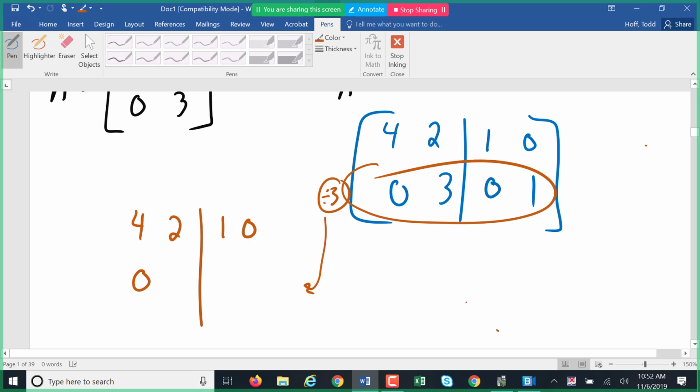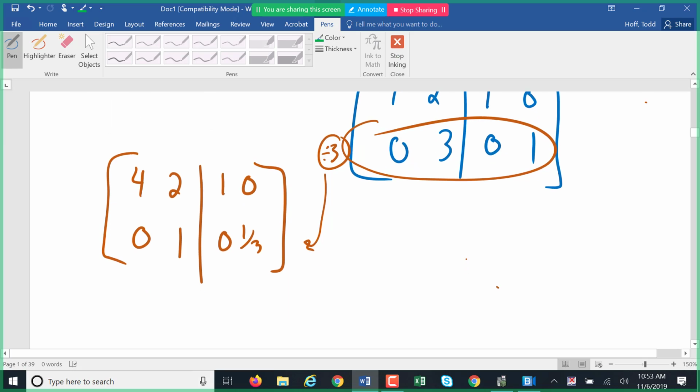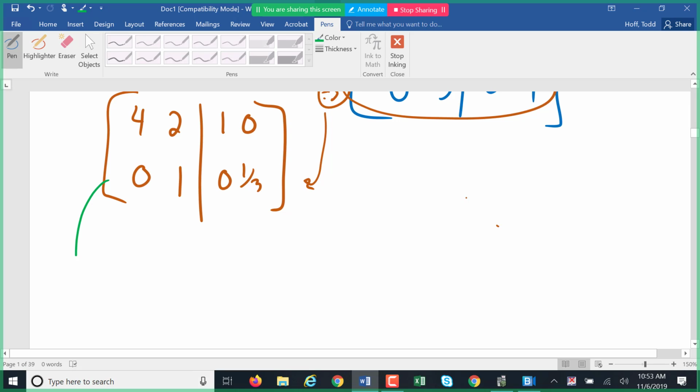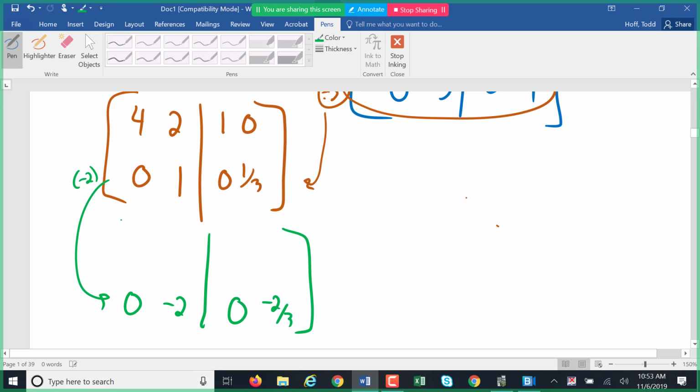The bottom row becomes 0, 1, 0, 1/3. The bottom row is now done, but we have to use it to finish the top row. So I'm going to multiply the bottom row by -2. You get 0, -2, 0, -2/3. The top row is going to stay the same.